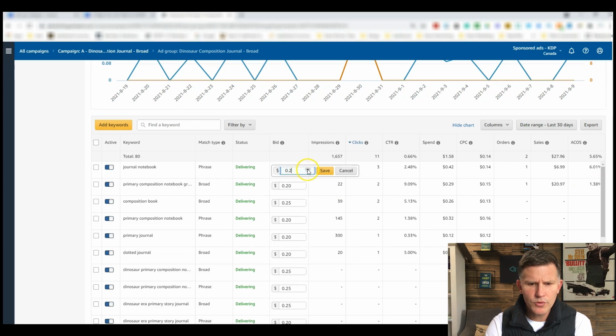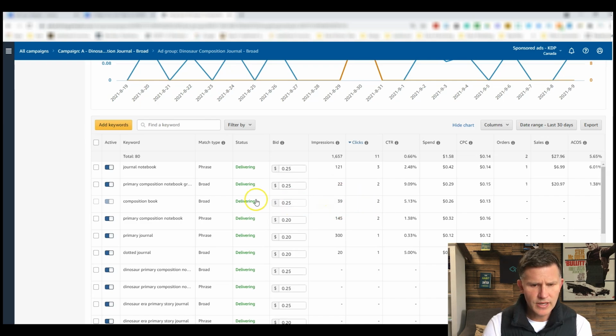So I would increase the bid by 5 cents, and I would save it, because I know that those 2, a phrase journal notebook and a broad primary composition notebook, are profitable for me, but I want to increase the impression rate. I don't know why that needs to go up to 25. I must have increased the wrong one, but that's okay, I can leave that there.